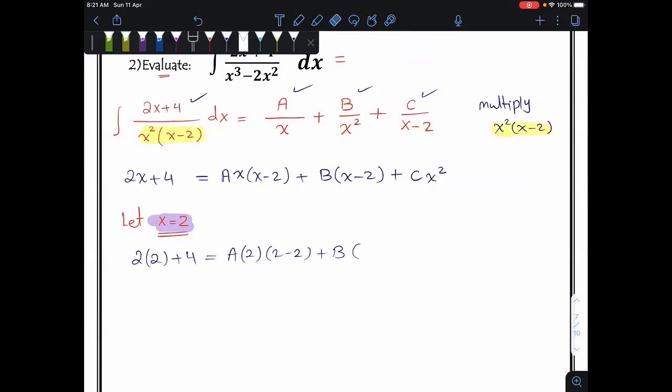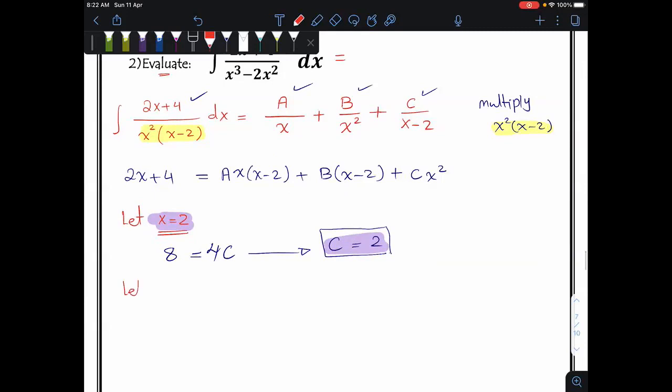So I would like, guys, to make it easier, so you know how to substitute. I will write directly the result. 2 times 2 plus 4 is what? It's 8, equal to here 0 and here 0, and now 4c only. So this is the first equation, and easy now to find c, which is 2. C is 2.